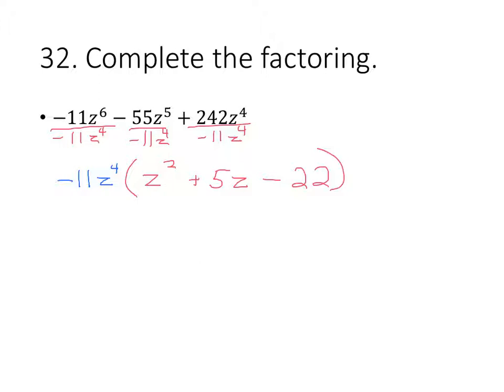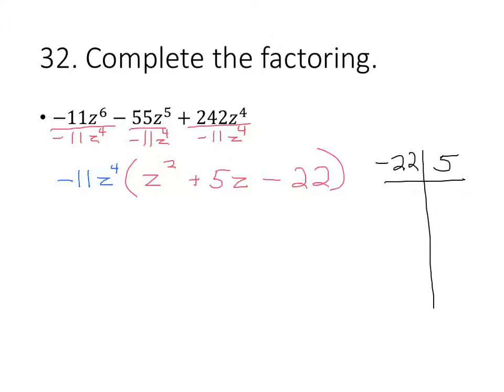So now we have to see if we can factor this. We need two numbers that multiply to give us negative 22 and add to give us 5.